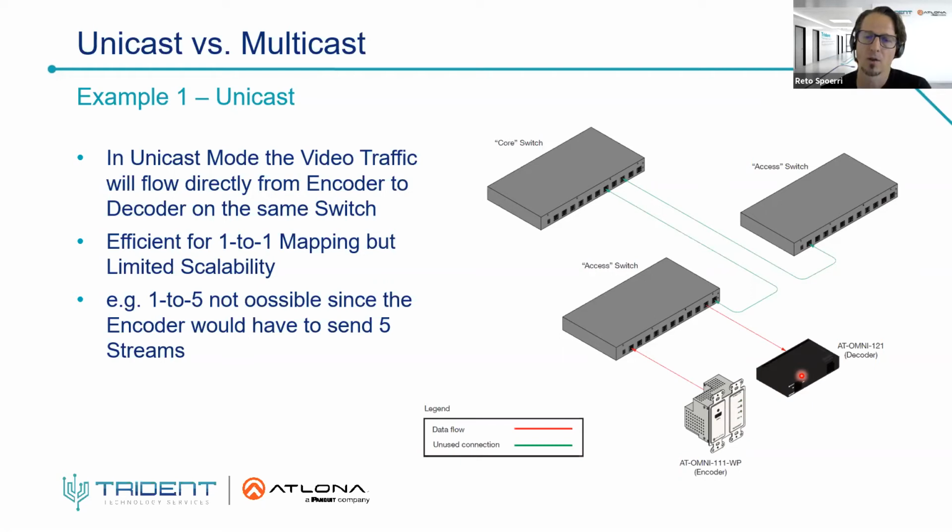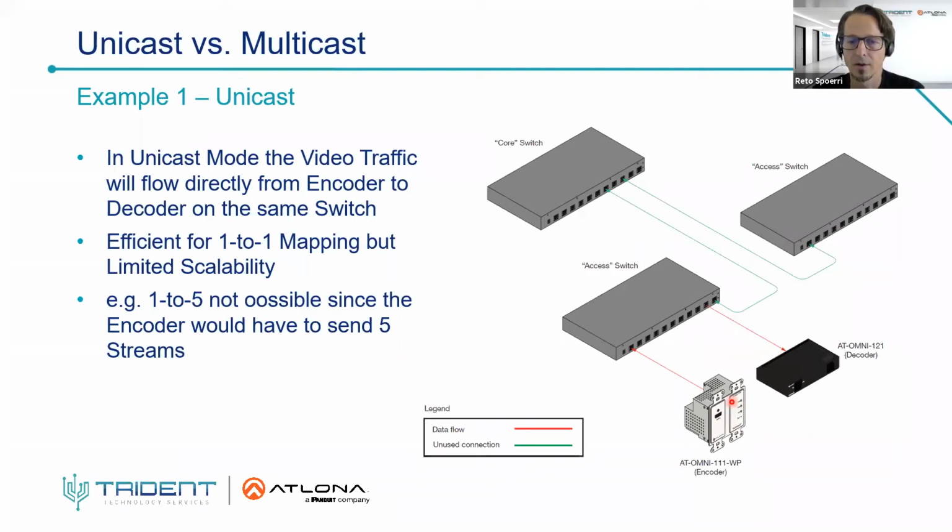So now 5 decoders want to see the same stream. But I said the data packets already contain the destination IP address when they are prepared by the encoder. So that would mean the stream that is going here cannot be used for any other decoder sitting somewhere else on the network. So the encoder would in that case have to prepare the stream 5 times, once for each individual decoder, which means it doesn't scale.